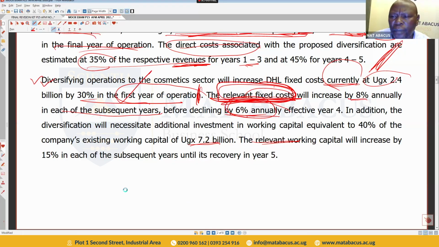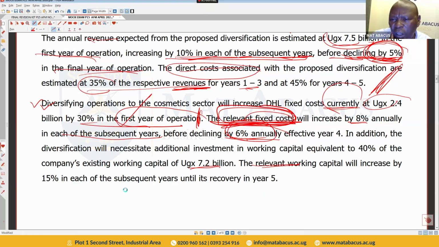The next: in addition, the diversification will necessitate additional investment in working capital equivalent to 40% of the company's existing working capital of 7.2, and thereafter increase by 15% in each of the years until it is recouped.